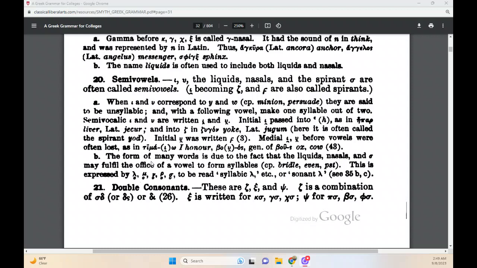Later, when we study the forms of words, there are going to be changes and things that happen to the words that, if you don't have these linguistic lessons in mind, will seem random, like things just change all over the place. But if you understand what we've learned about the different consonant sounds and how they relate to one another, when you see those changes, you're going to be able to understand why those changes are taking place. And we'll talk about that when we get there.